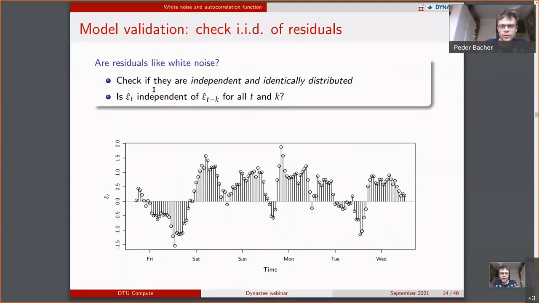Now we want to check if they are independent and identically distributed. Basically, that means: is there a pattern in time between the lagged values of this time series? We can already see there is a pattern, but let's use the autocorrelation function to get a more statistical result.